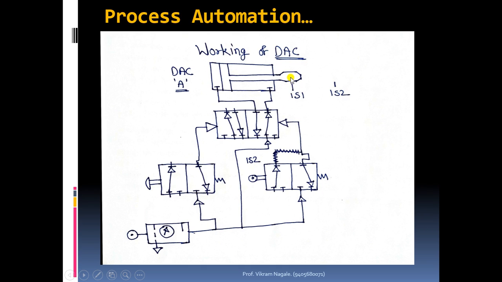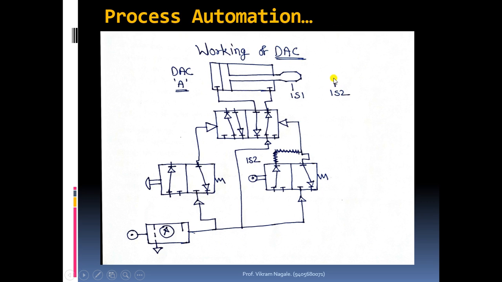At one moment you will find the rod end at 1s1, and at the next moment, whenever it stops at this position, you will hear some sound, because the piston will get restricted somewhere here, and there will be some noise, like tapping.